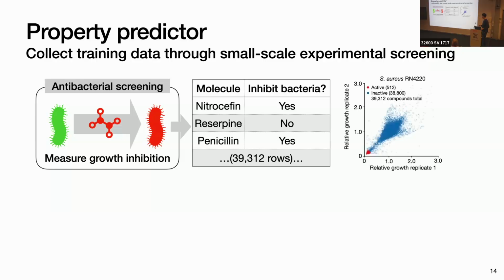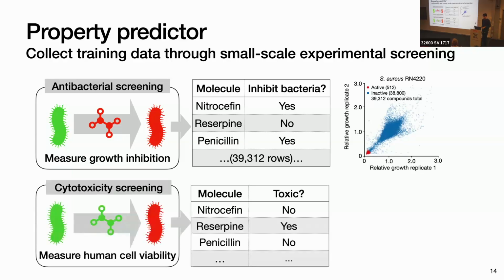We did 2 replicates, and we found that the quality of the generated data set is good, and we binarized it, right? So we had around 500 actives that have high growth inhibition, and the rest as inactive, right? And we put them together into this nice data set.